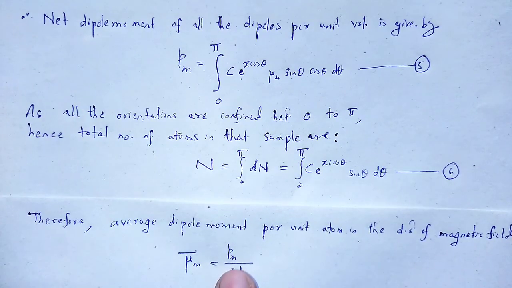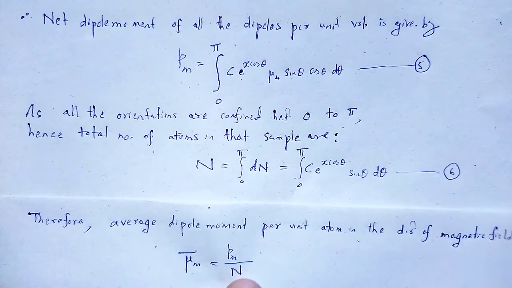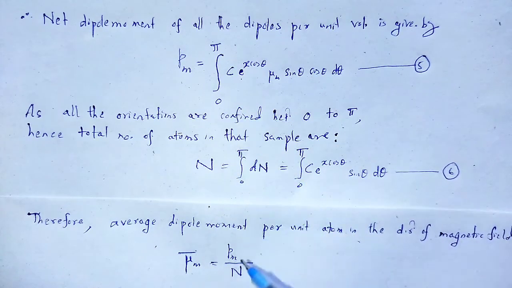What is Pm? Pm is the net dipole moment of all the dipoles per unit volume. Here n is the total number of atoms in the sample. Let me put these two values, Pm and n, here.